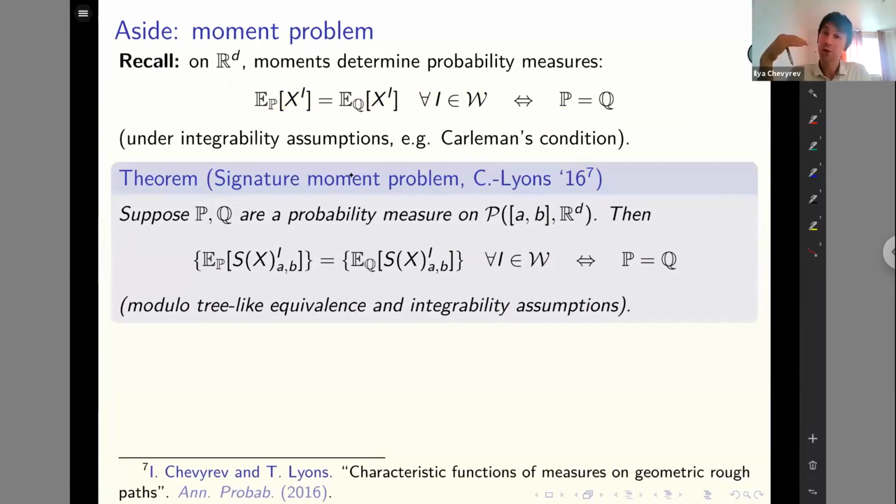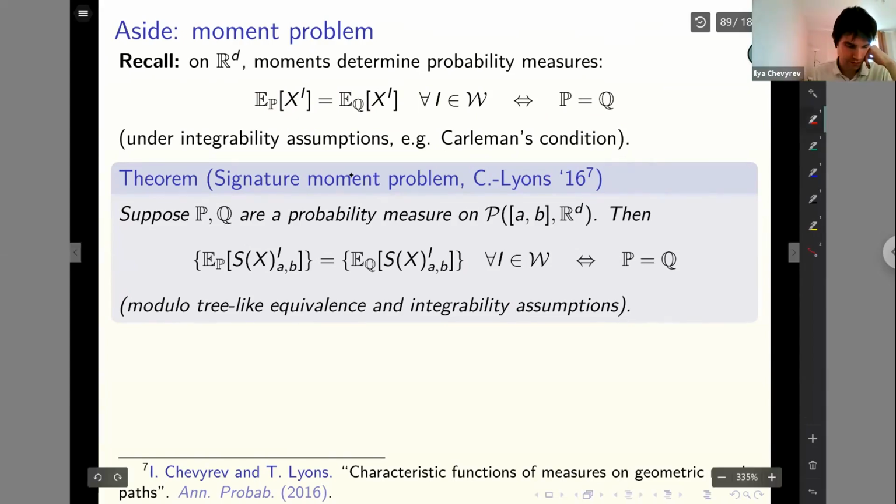So perhaps not so surprisingly, in view of this shuffle product identity, you can actually prove a similar statement for probability measures on paths using signatures. So suppose that P and Q are probability measures on paths indexed by [a, b]. Then essentially a very similar statement holds true as it did for vectors.